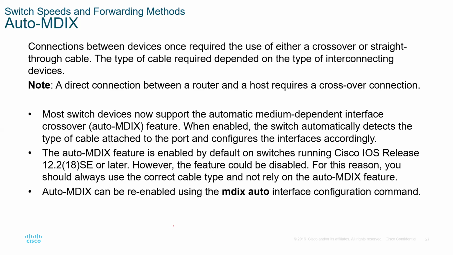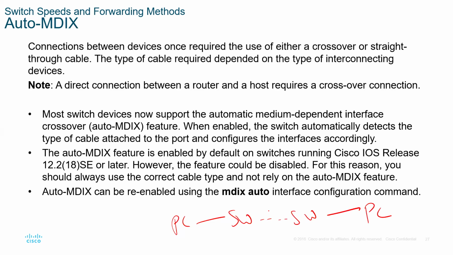So if I connect a PC to a switch, I'll use a straight through. If I'm connecting a switch to another switch, I'll use a crossover cable. If I'm connecting to another PC, I use a straight through. That was for legacy Ethernet networks.